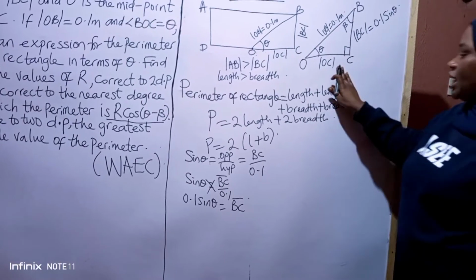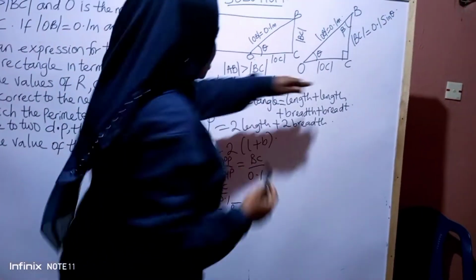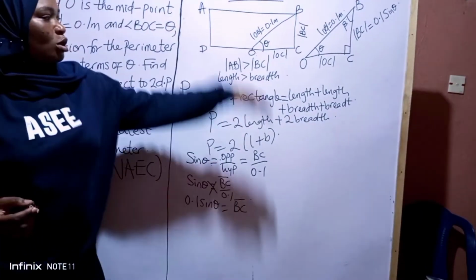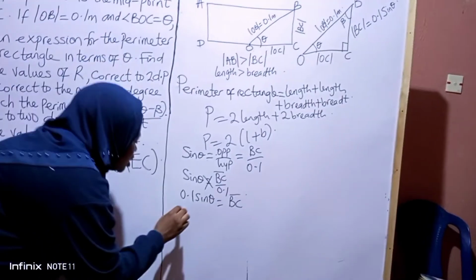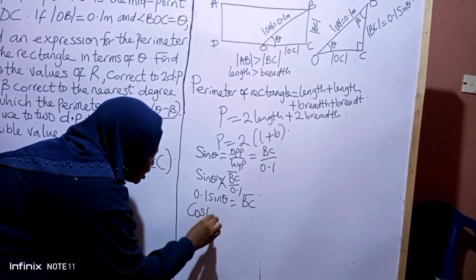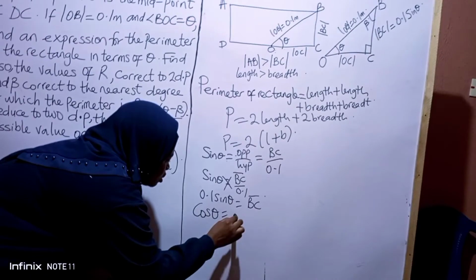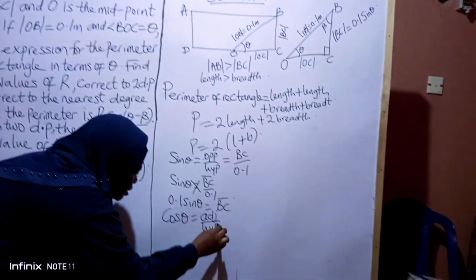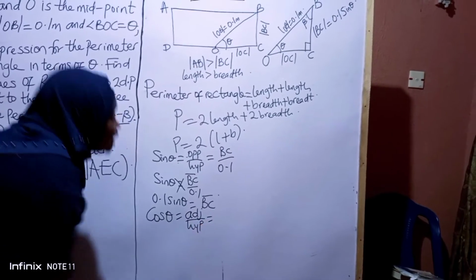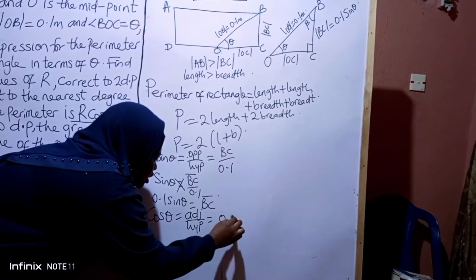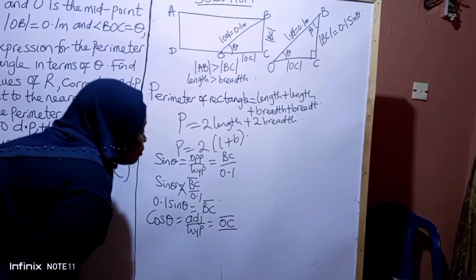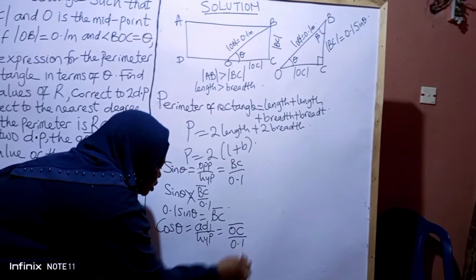To find line OC, OC is adjacent. So to find adjacent, we need cos theta, which is equal to adjacent over hypotenuse. The adjacent is line OC over hypotenuse, which is equal to 0.1.